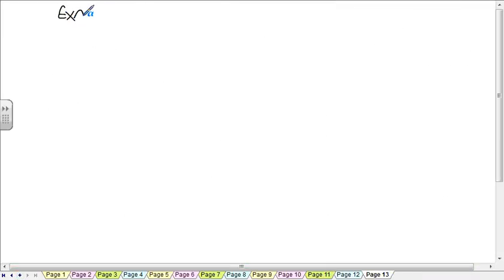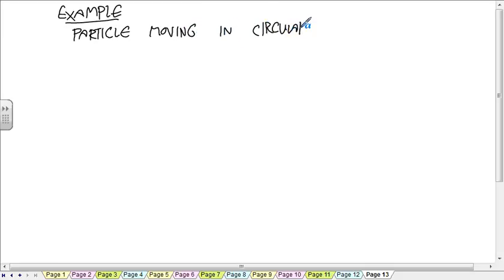Okay, so for example, if you have a particle that's moving in a circular path, and the angular velocity vector is equal to 0, 0, negative 2t squared.